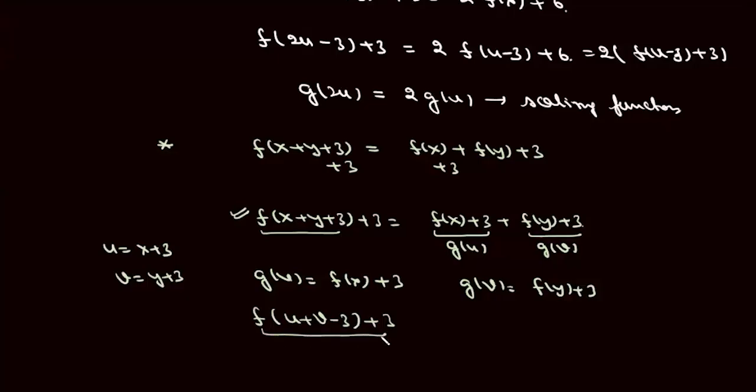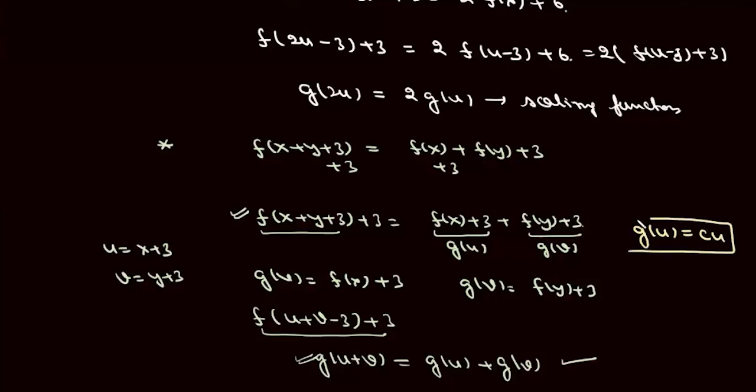So this left hand side is g(u + v) = g(u) + g(v), which is additive Cauchy, and since f is continuous, this g is going to be continuous, which implies g(u) is of the form cu. And if we put it in this first equation, g(2u) will be 2cu and will be equal to 2cu.